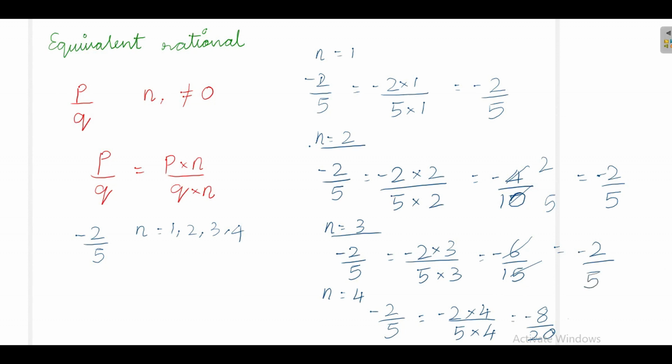So again minus 2 by 5. So for the rational number minus 2 by 5, the equivalent rational numbers are minus 4 by 10, minus 6 by 15 and minus 8 by 20.